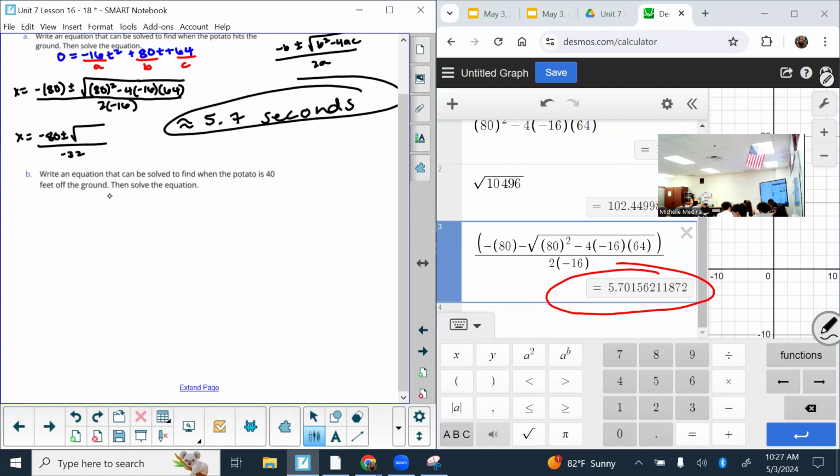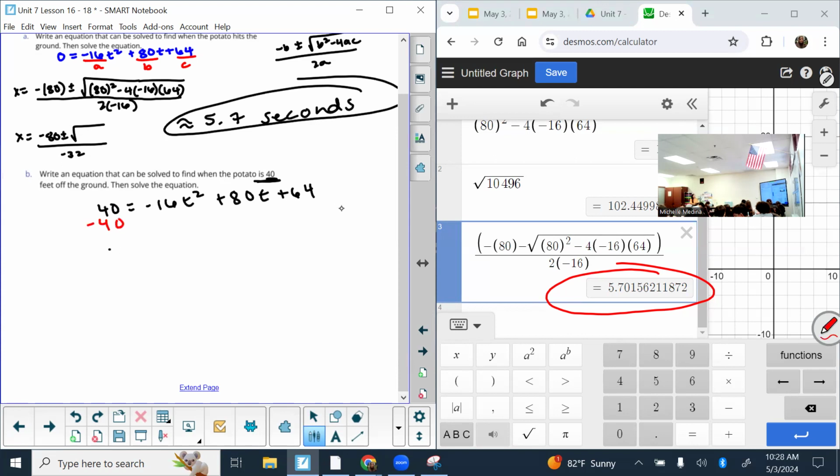I don't think we have time to cover part B. However, it does say for when it's 40 feet off the ground. Is that height or time? 40 feet. So just like we did earlier, we plug it in for the height in the original problem. But this time, you have to set it equal to 0. How do I make that 40 into 0?